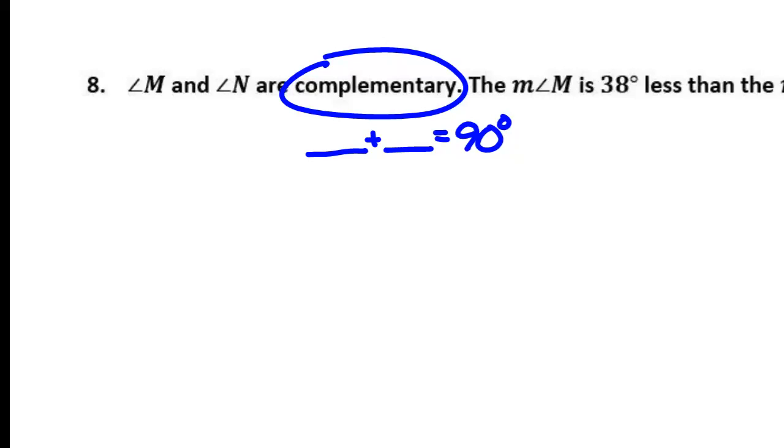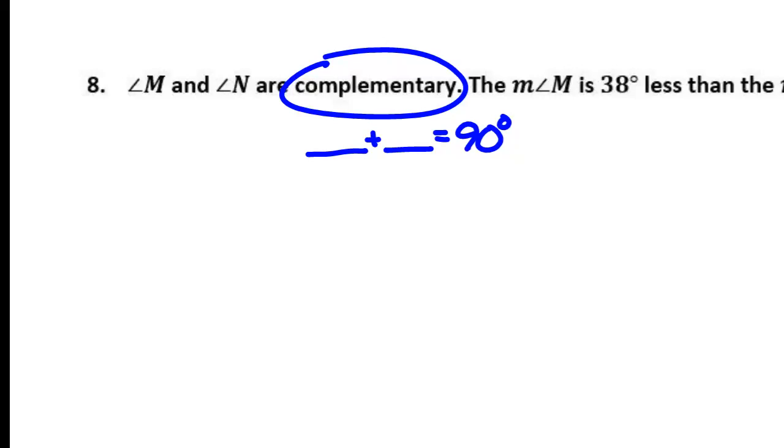If I were to put complementary and supplementary in alphabetical order, which word would come first? Complementary, because C comes in the alphabet before S, right? So 90 comes first on the number line, C comes first in the alphabet. 90 and complementary go together. Supplementary comes later in the alphabet, 180 comes further down the number line, supplementary and 180 go together.